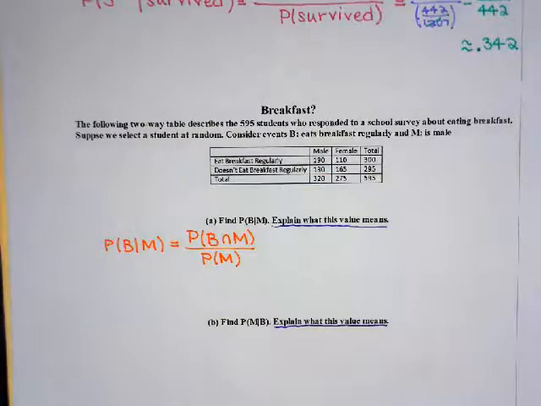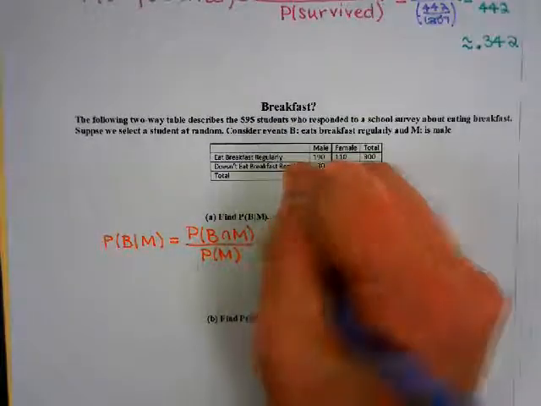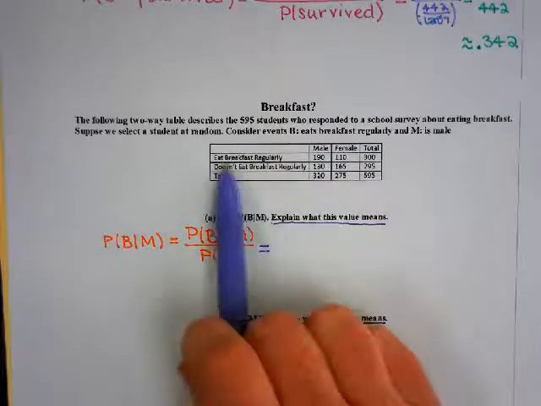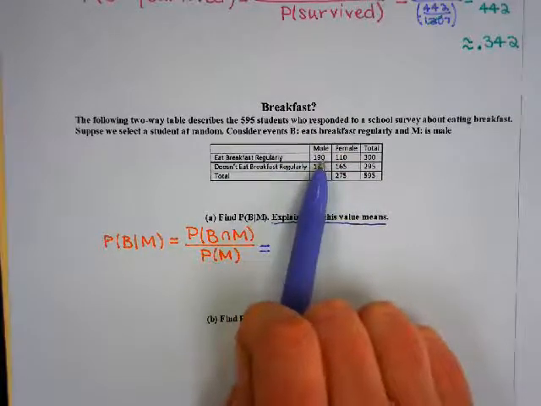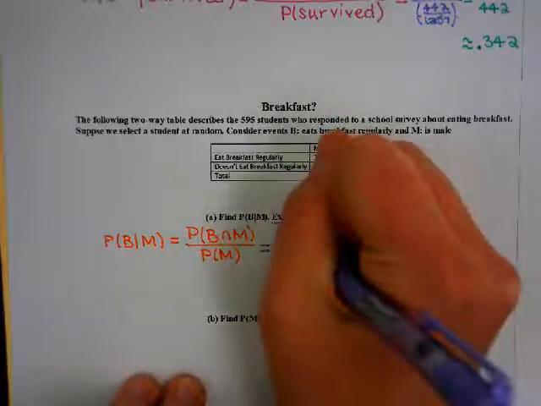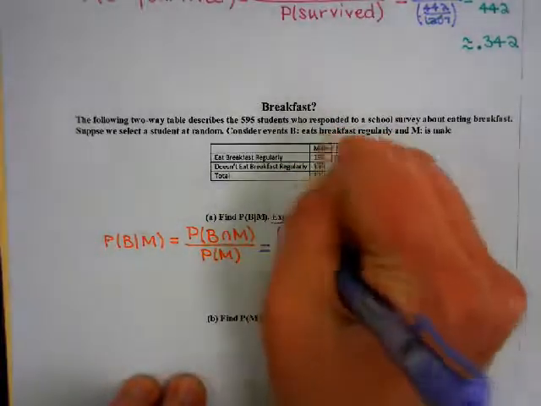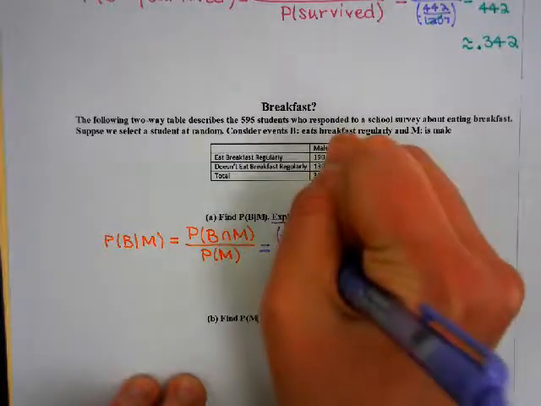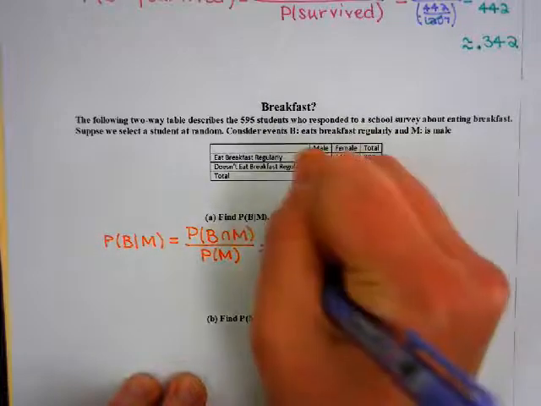So breakfast and male is 190 out of 595. The probability they're male is 320 out of 595.